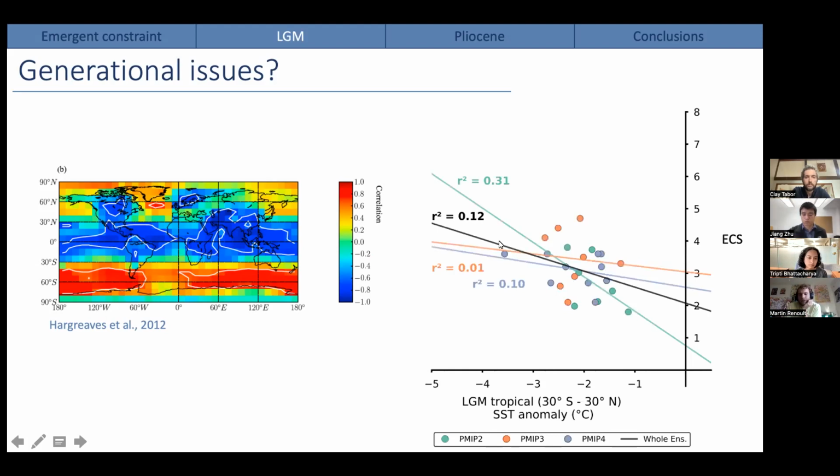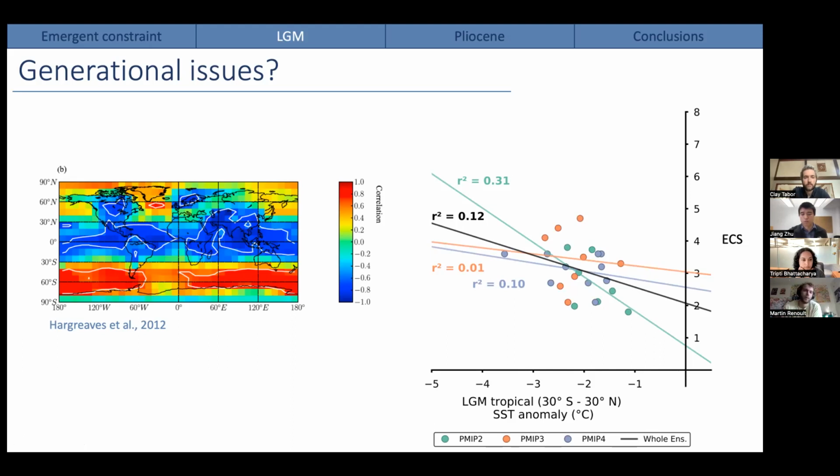Here I'm showing you the tropical sea surface temperature of the LGM versus the ECS of models in three ensembles: PMIP2 in green, PMIP3 in orange, and PMIP4 in blue. And you can see that the quality of the correlation when you look at only PMIP2 is much higher than in the other ensembles.